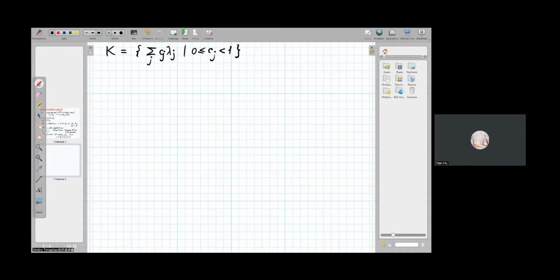This set is a subset in my cone, in C check, and this set is bounded. So let me write it like this. This cone C check sits in the vector space E star, spanned by the weight lattice lambda.